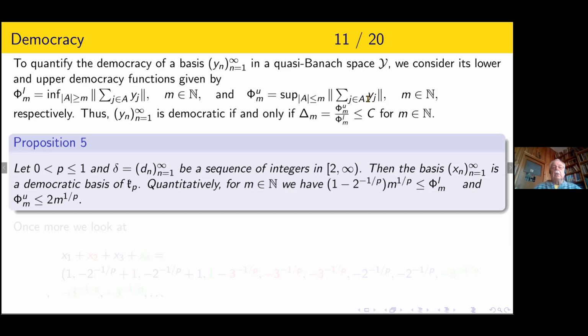That means clearly that the basis is democratic if those two things are comparable. Clearly, lower is less than upper.